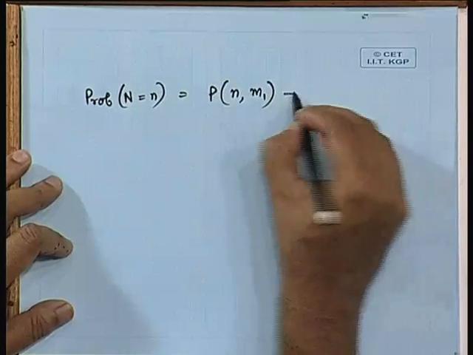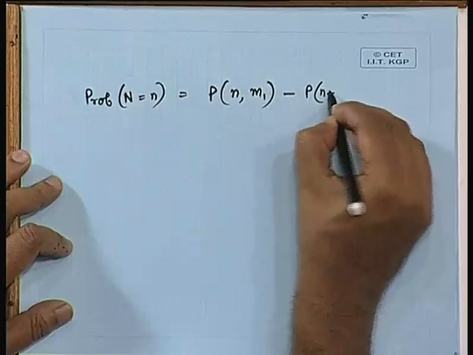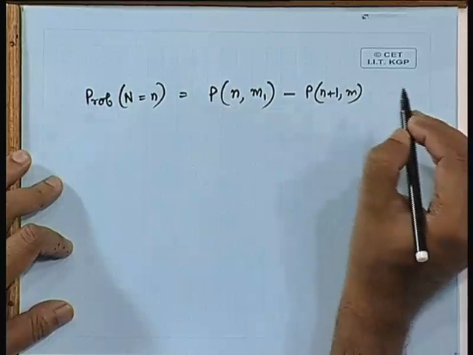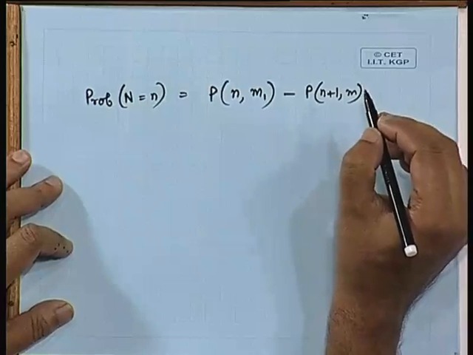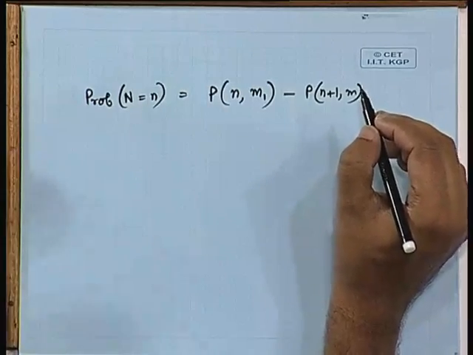Obviously P(n, m1) is going to be higher, because if you change from n to n plus 1, if you are increasing the patterns, then the separability probability is decreasing in n.